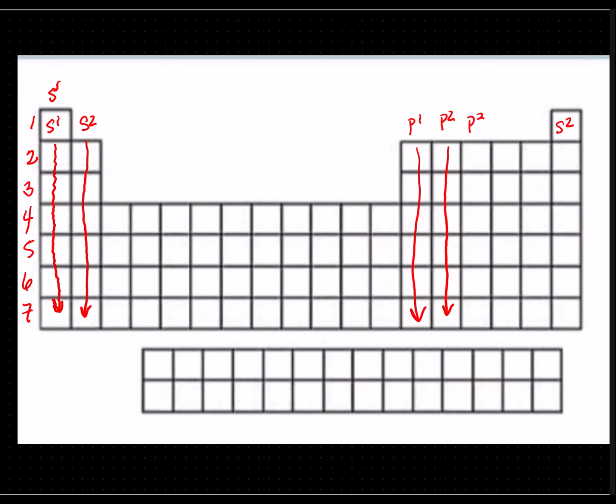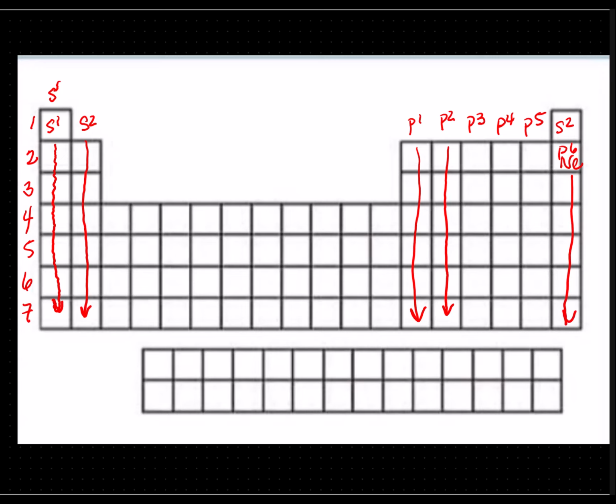Nitrogen family is P3, oxygen family is P4, halogen family is P5, the noble gases are P6, but the noble gases will not start with helium because helium is S2, since it only has 2 electrons. We'll start with neon. So neon and below will all be P6.